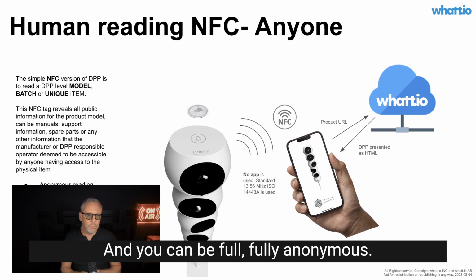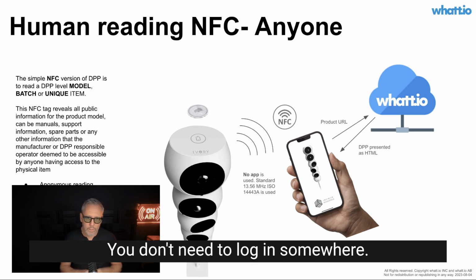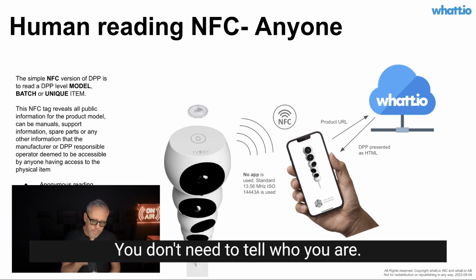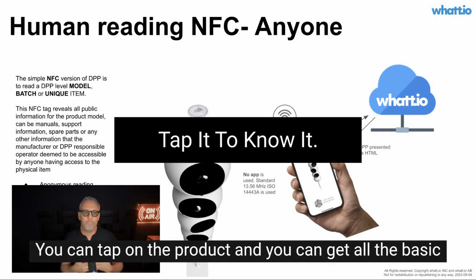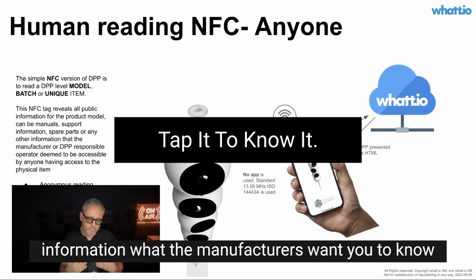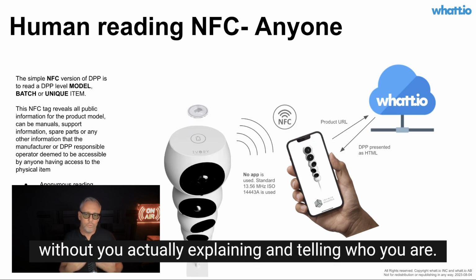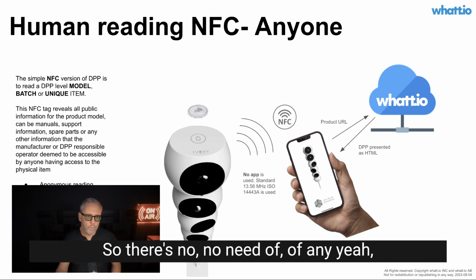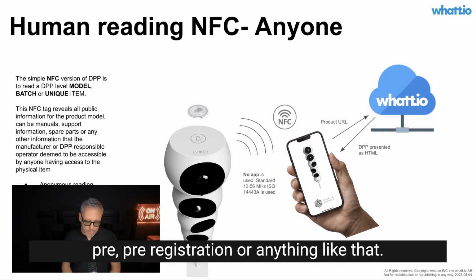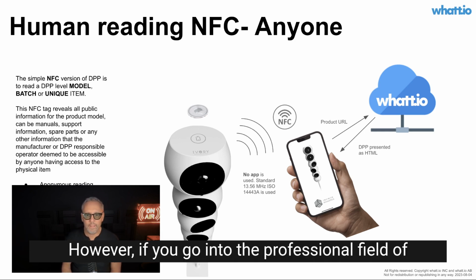And you can be fully anonymous. You don't need to log in somewhere. You don't need to tell who you are. You can tap on the product and you can get all the basic information the manufacturers want you to know, without you actually explaining and telling who you are. So there's no need of any pre-registration or anything like that.